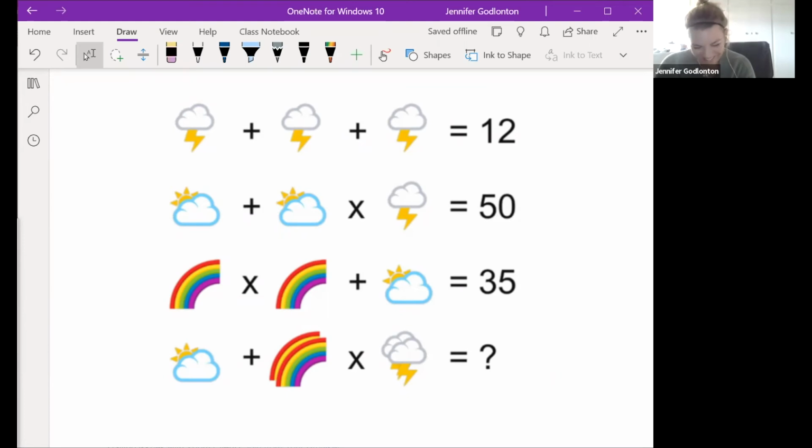Let's see who can figure this one out. Come on, guys. I know you can figure it out.